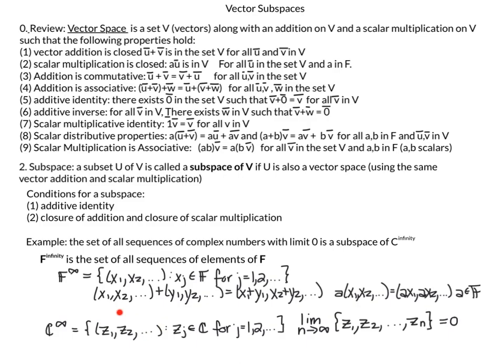So for now this sequence of complex numbers, we want the limit to approach 0, and this is the limit being 0 in the same sense you did sequences and series in first year calculus. So we want the limit as n approaches infinity of z_n to equal 0. So these numbers then should close in on 0.